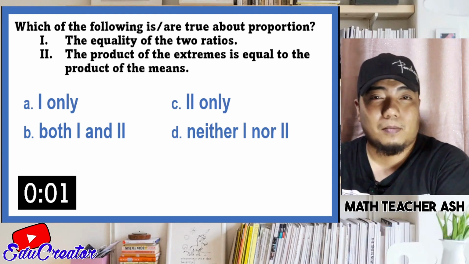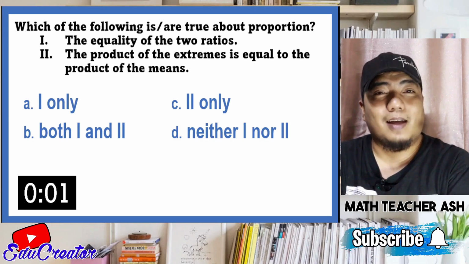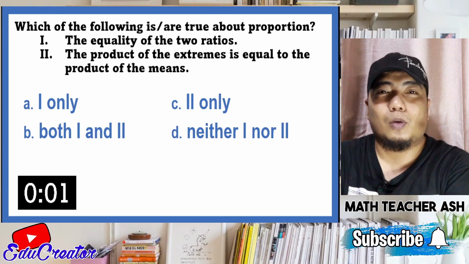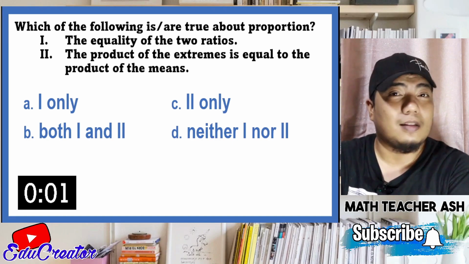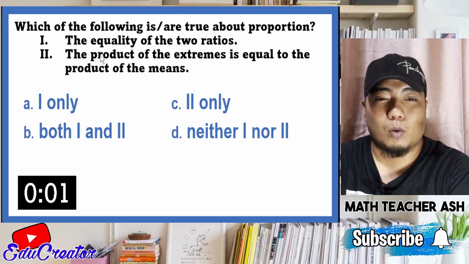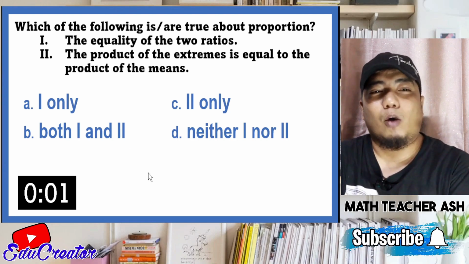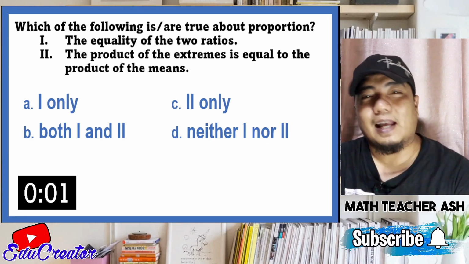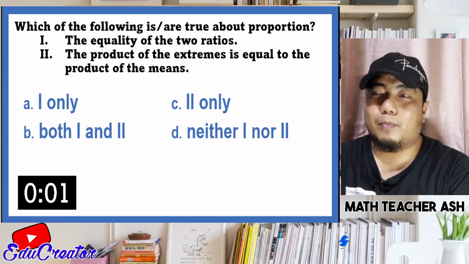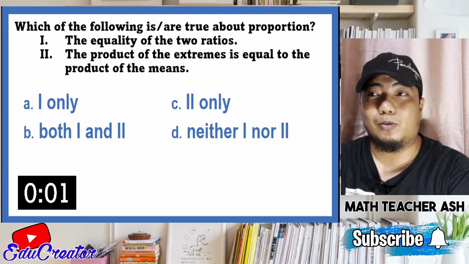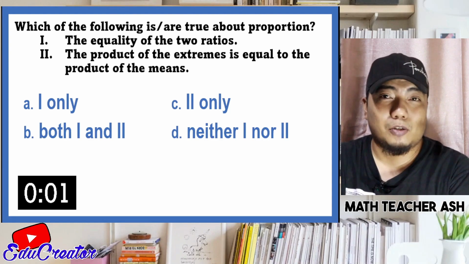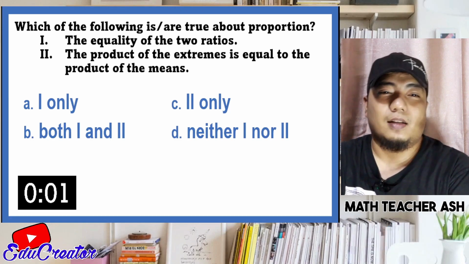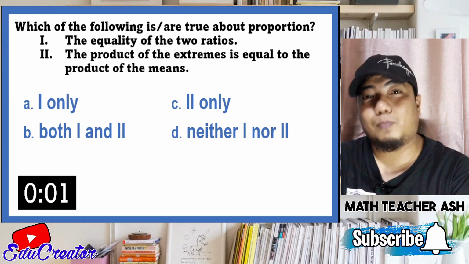Okay, so my dear math learners, basically we are trying to find the property and the definition of proportion. So what do we mean by proportion? It is the equality of two ratios. So statement number 1 is already correct. However, we also know that by the law of proportion, in a given proportion A is to B is equal to C is to D, we can say that the two ratios are equal if and only if the product of the means is equal to the product of the extremes.